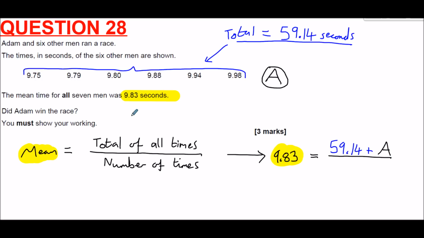And the total number of times, including Adam's time, is 1, 2, 3, 4, 5, 6, 7. In fact, it does say the total number of times is 7, because it's 7 different men. So the total of all times is going to be 7.